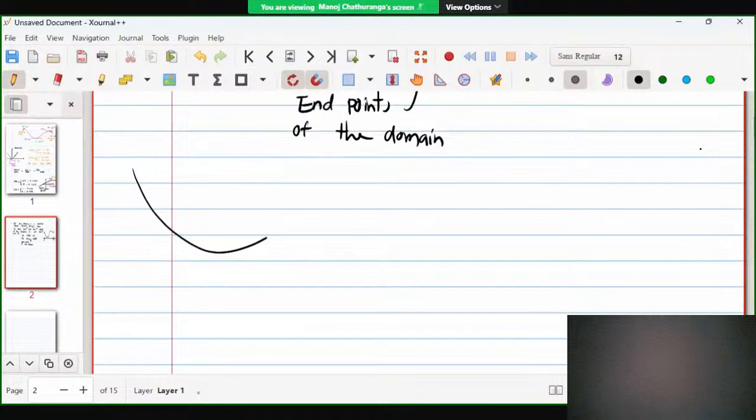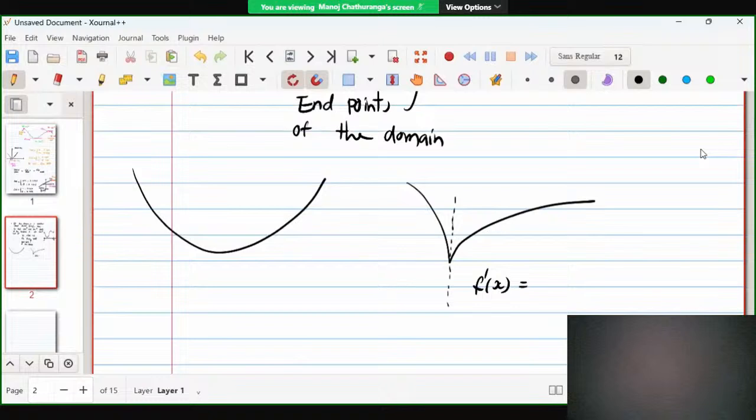So these critical points. Let's talk about minimum points. Minimum points may look like this, or they may look something like this. This is a minimum point. At this minimum point, the derivative does not exist.